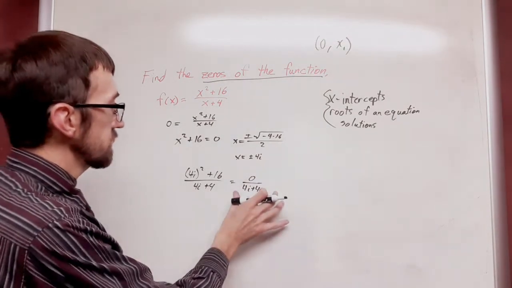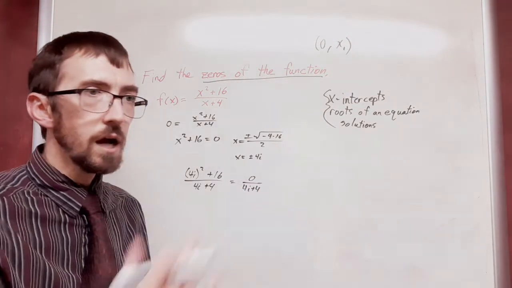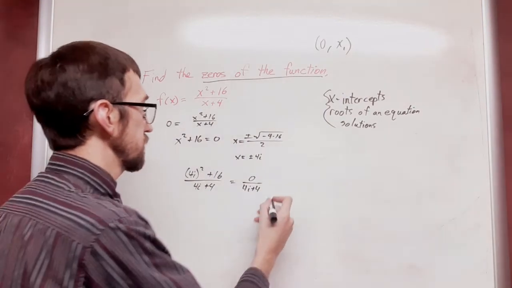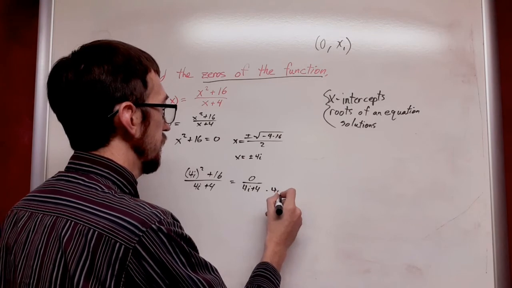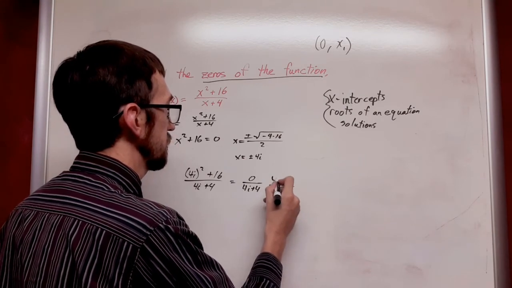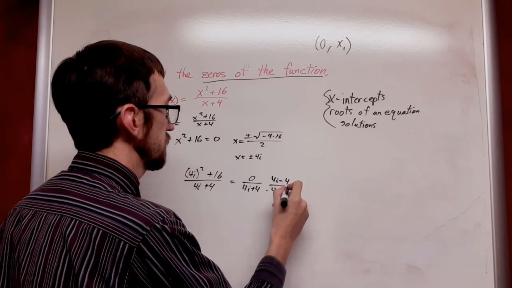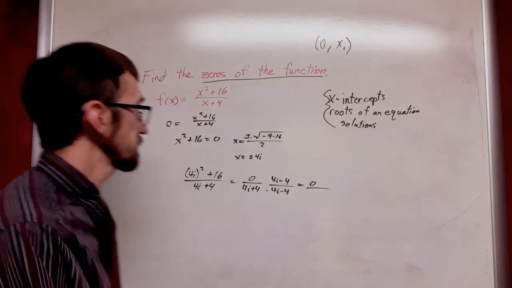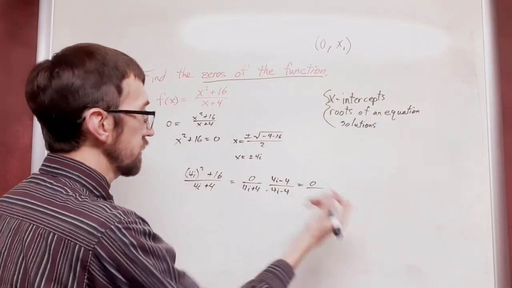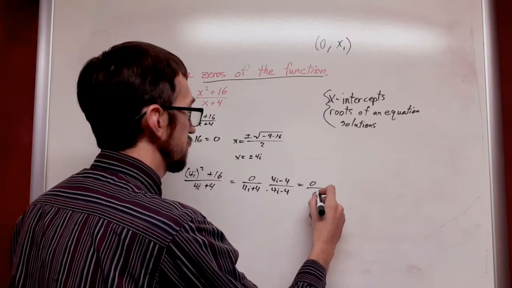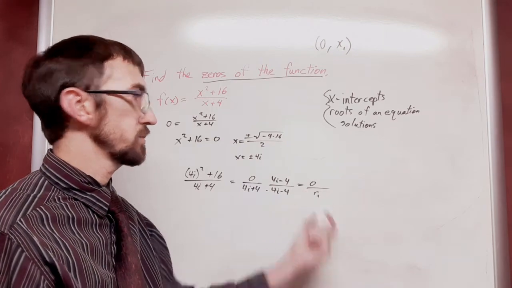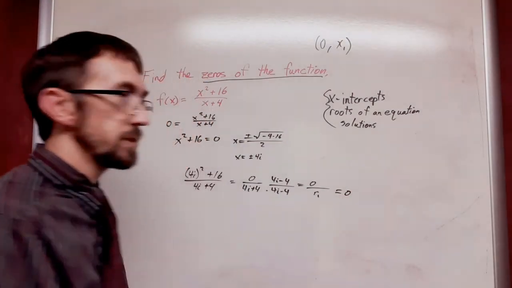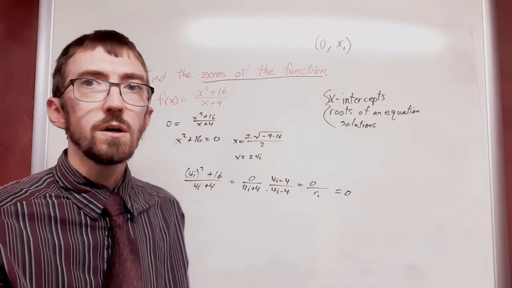So let's multiply this top and bottom by the conjugate of the denominator, so that is 4i minus 4. So in the numerator, again, we are going to 0. In the denominator, we are going to have some real number. If we take 0 and divide it by a real number, we are going to get 0, and so this checks out.